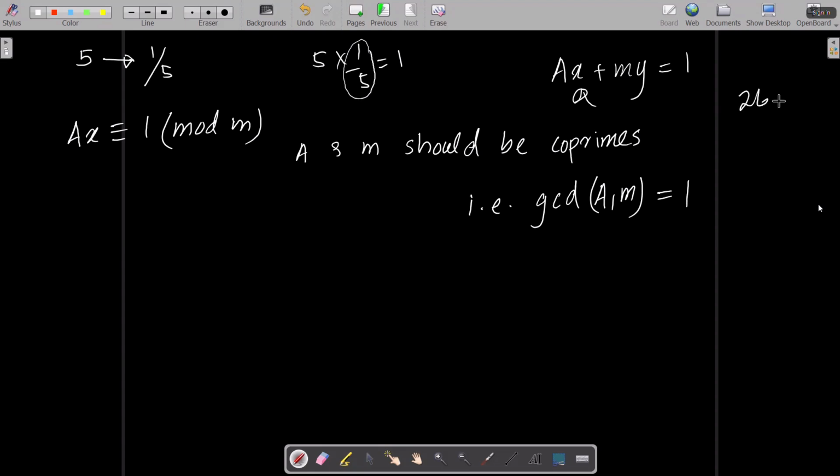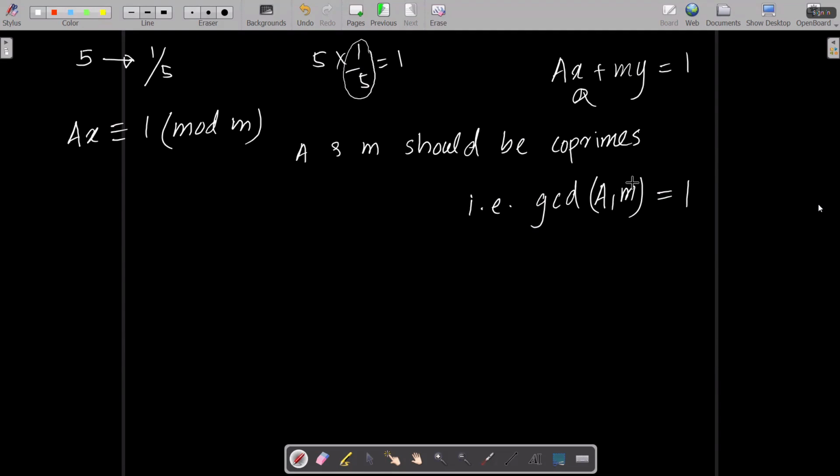Something like 26 and 15. GCD is 1. So 26 has factors 1, 2, 13 and 26. 15 has 1, 3, 5 and 15. But these two numbers do not have common factors other than 1. So the greatest common divisor would be 1. So we call that kind of integers co-primes.